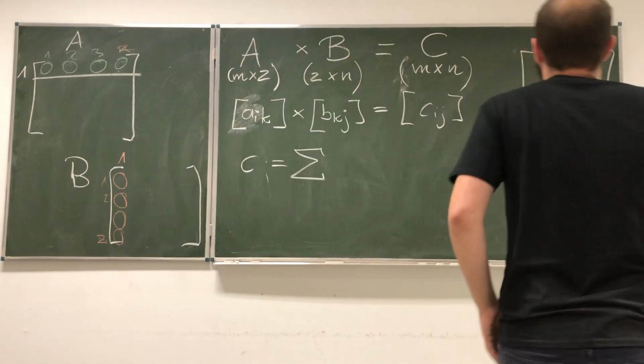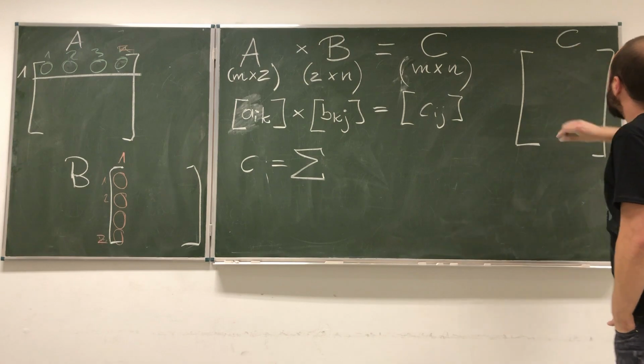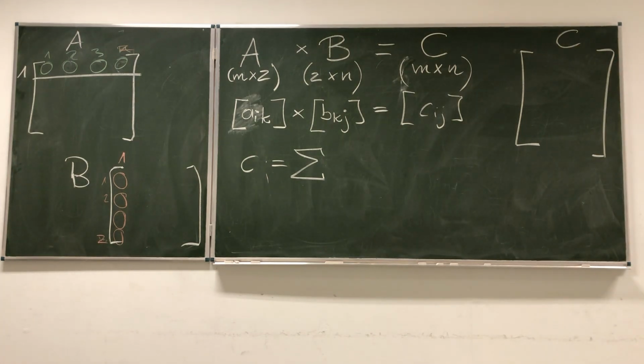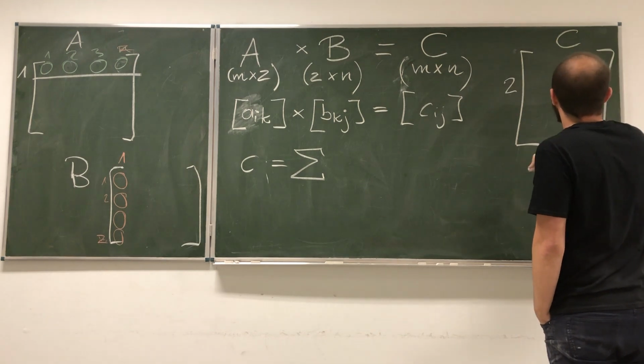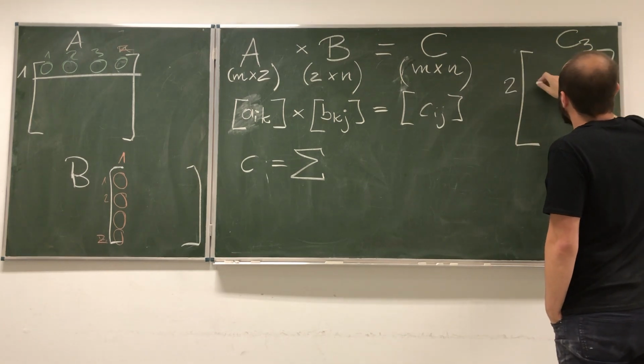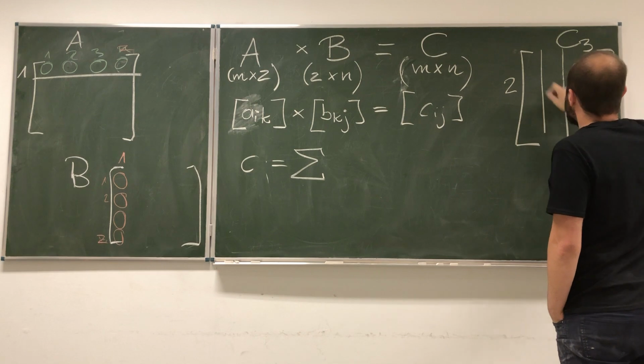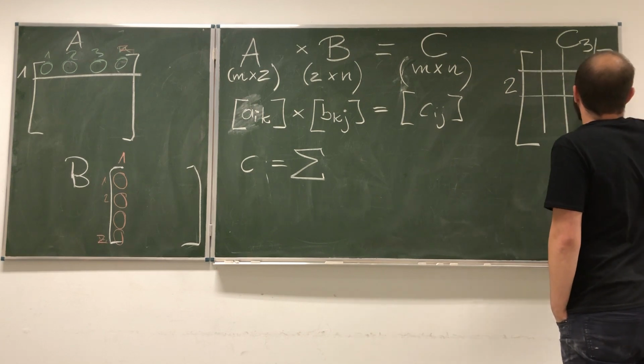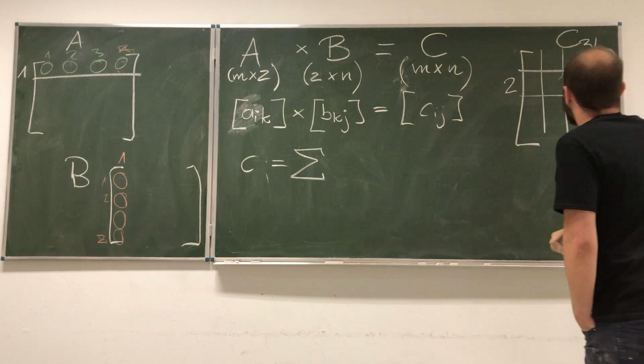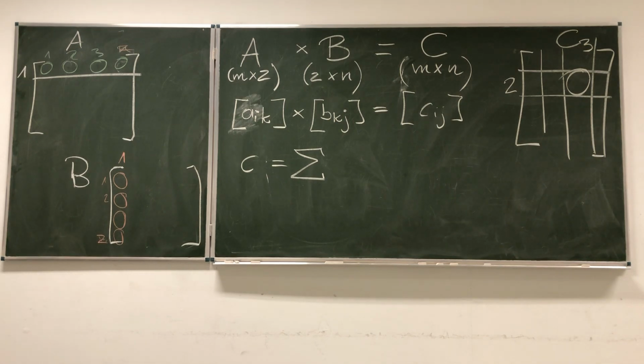I want to calculate the element that is going to lie in the second row and third column of this matrix. How would I do it?